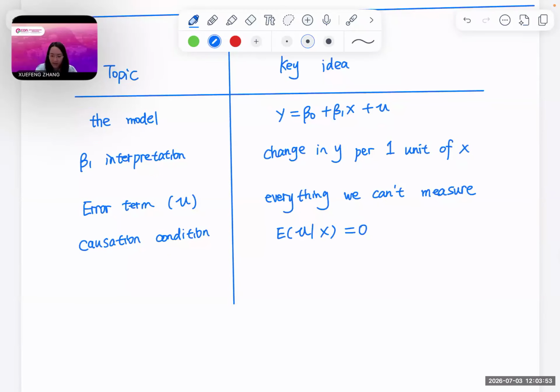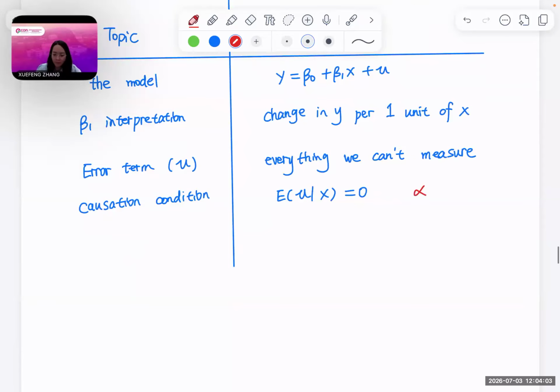And this is very important. Okay, this is very important. And then we talked about r squared. It means percentage of variation in y explained by x.